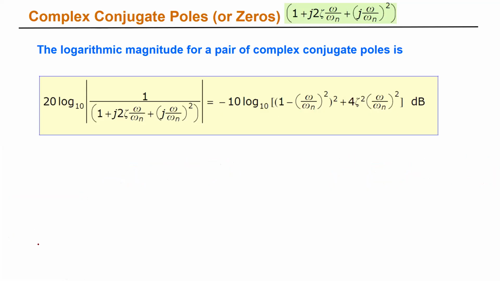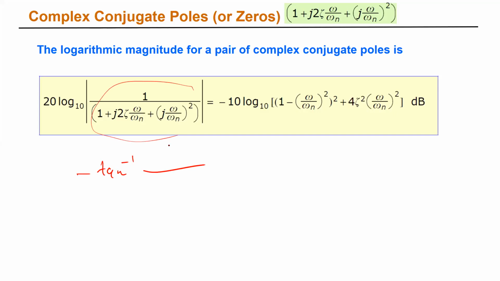Now, how about the phase before I continue? What will be the phase in here? Any suggestion? How do I find the phase of this system? It's in the denominator, so it will be minus tangent inverse of what?